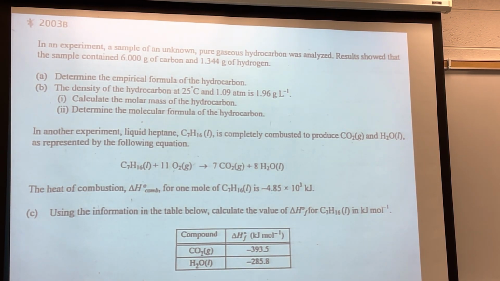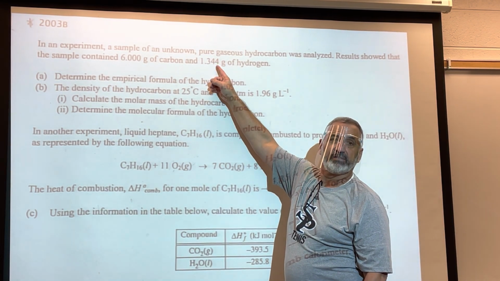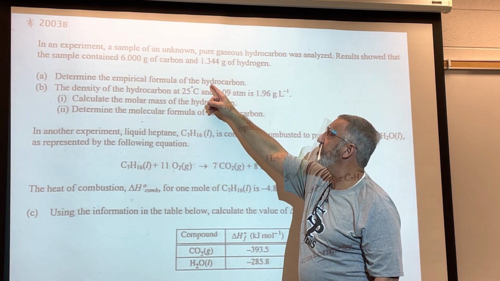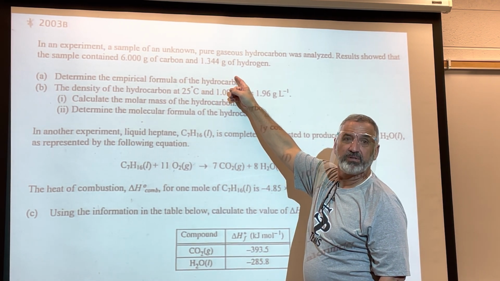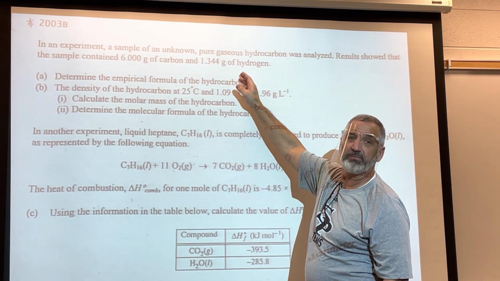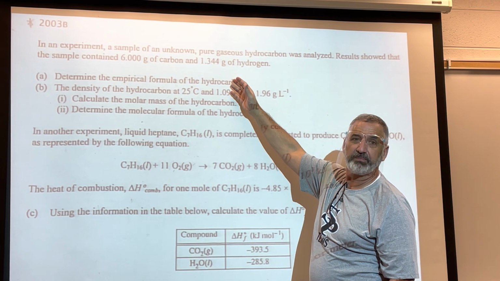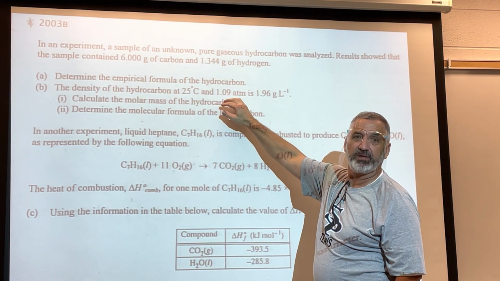It's probably a gas. This is pure gaseous. There it is. You got to use gas laws. You have your moles, you know how much gets made, so you got to use your gas law. Molar mass is gRT over PV on that one.